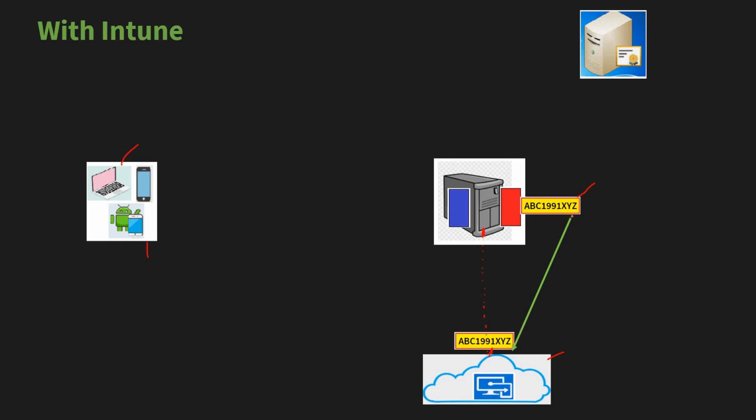So now you see the Intune service has received the OTP or the challenge. In the Intune service, we create a SCEP profile, which is just like a device configuration profile or an MDM policy. The Intune service is now going to deploy that policy to the end device. So now we see that the MDM policy is deployed to the device.